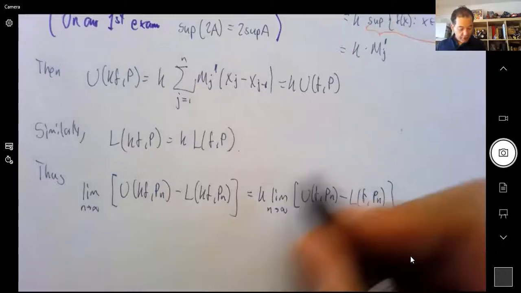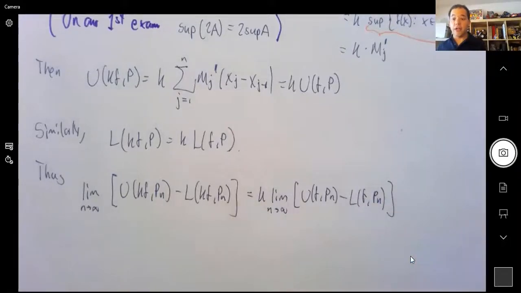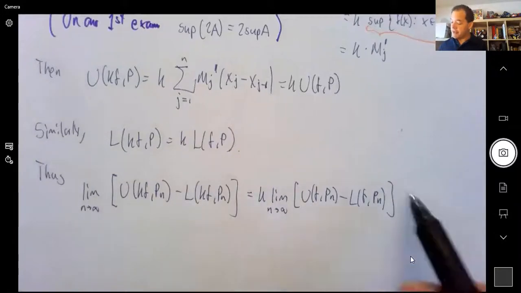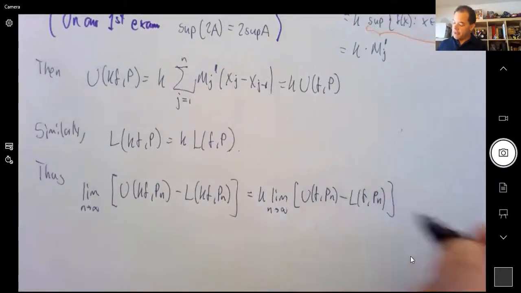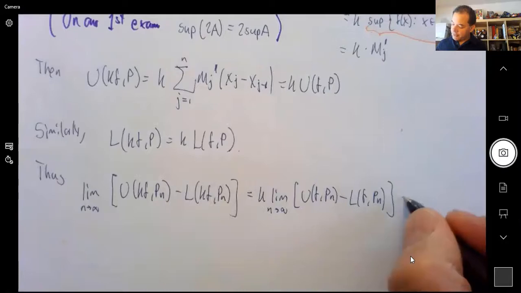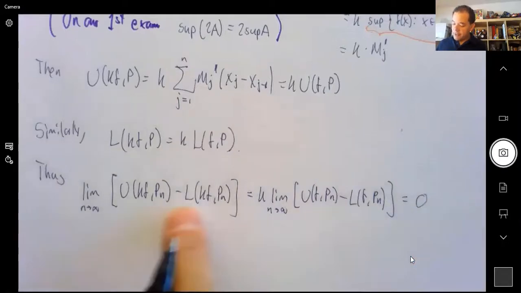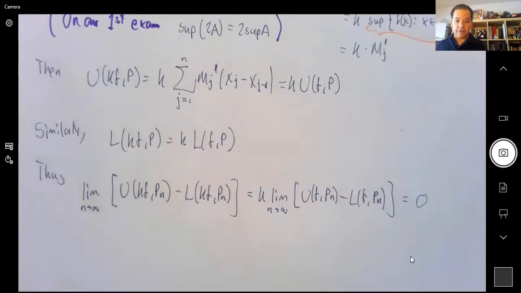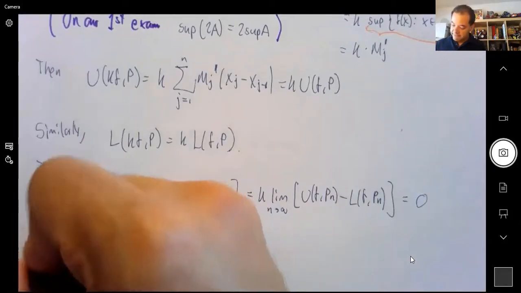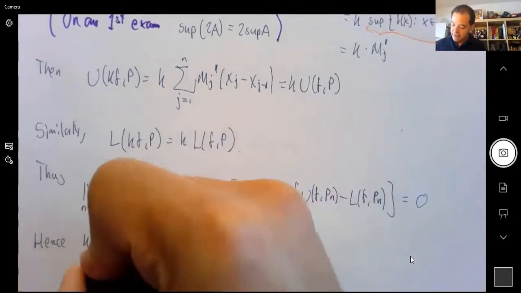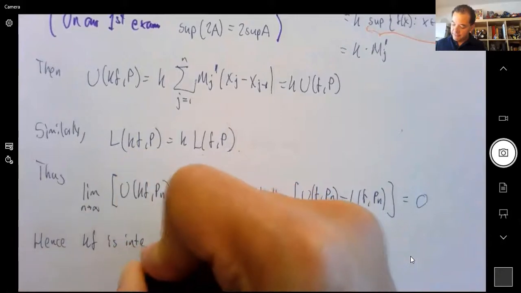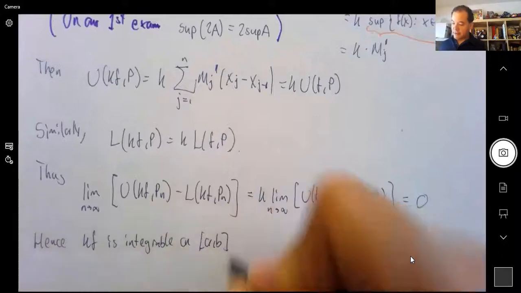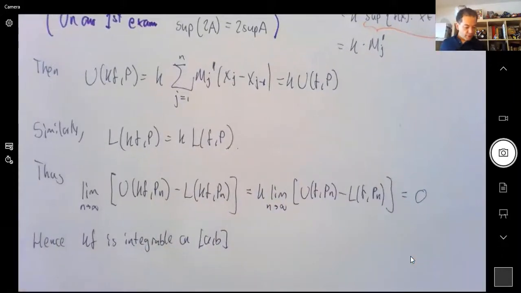If this is 0, because the function f is integrable, meaning there's a sequence that makes this limit 0, then I'm multiplying by 0, which means this limit is 0, and this means the function kf is integrable. Hence, kf is integrable on [a, b].